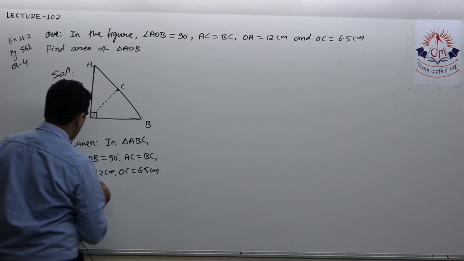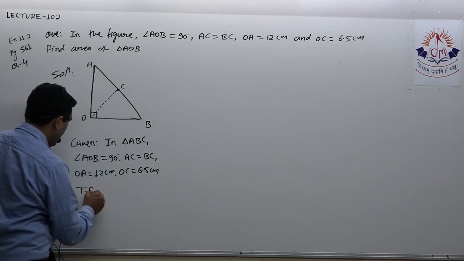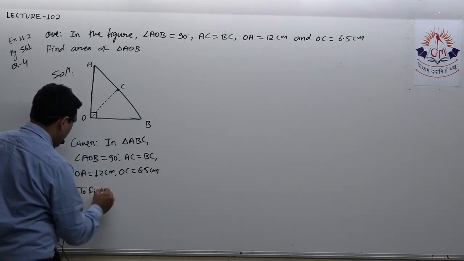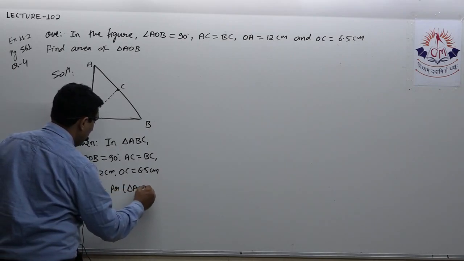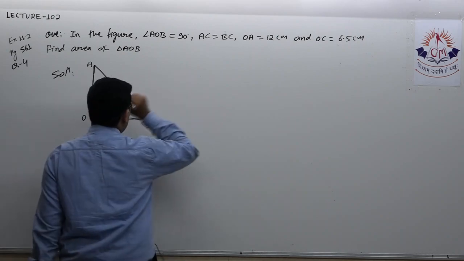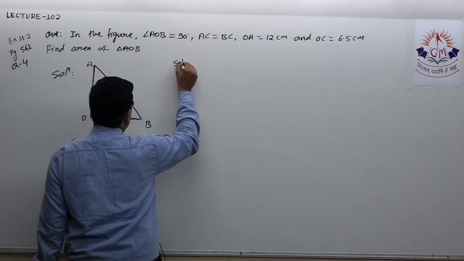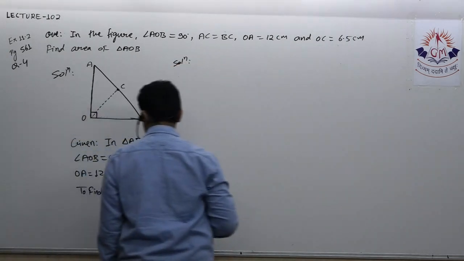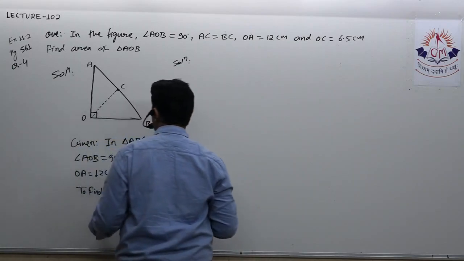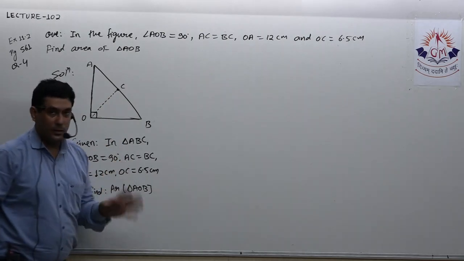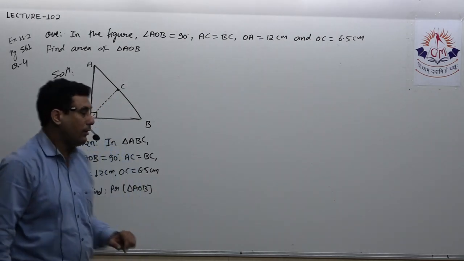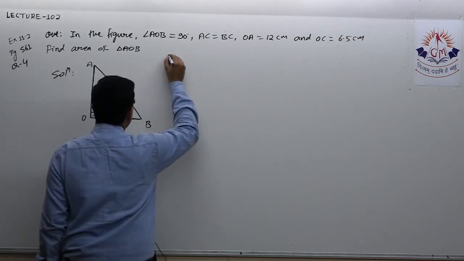That is given. To find, over here we have to find area of triangle AOB. So let us see its solution. Before that, either we can use the result directly, or it's better to prove that thing.